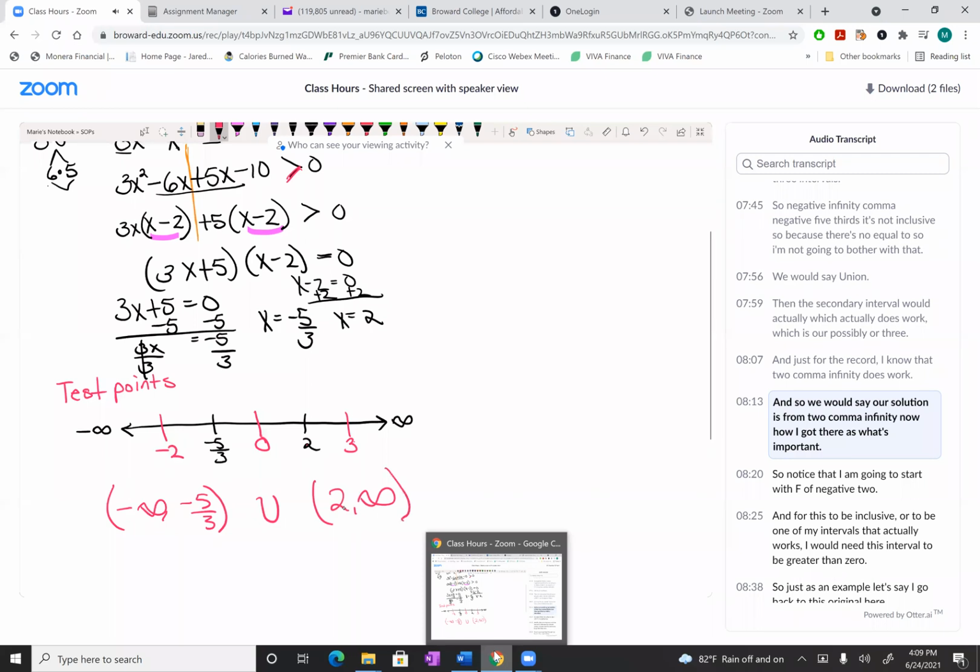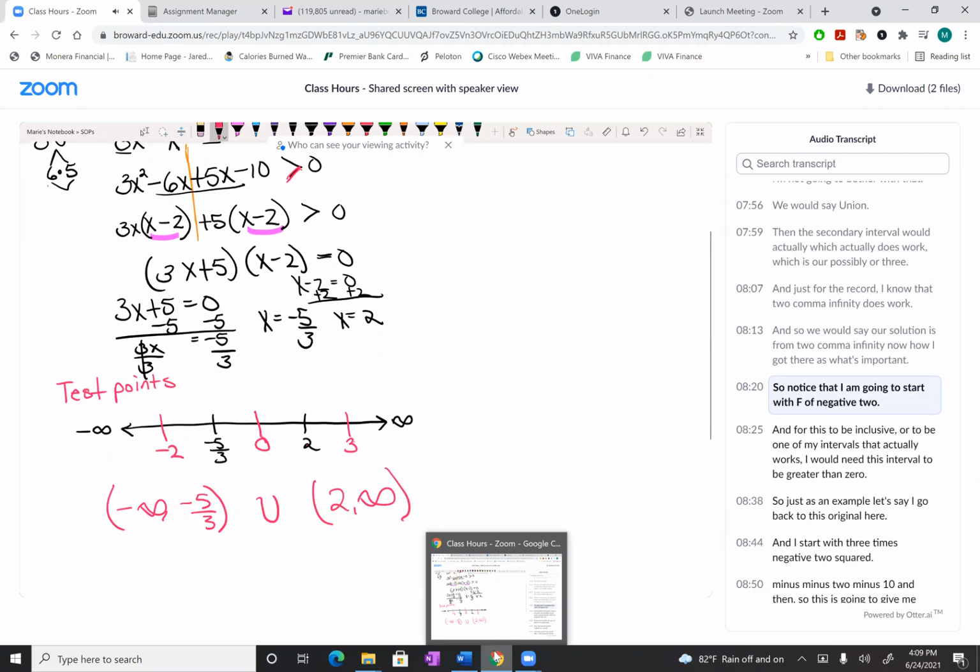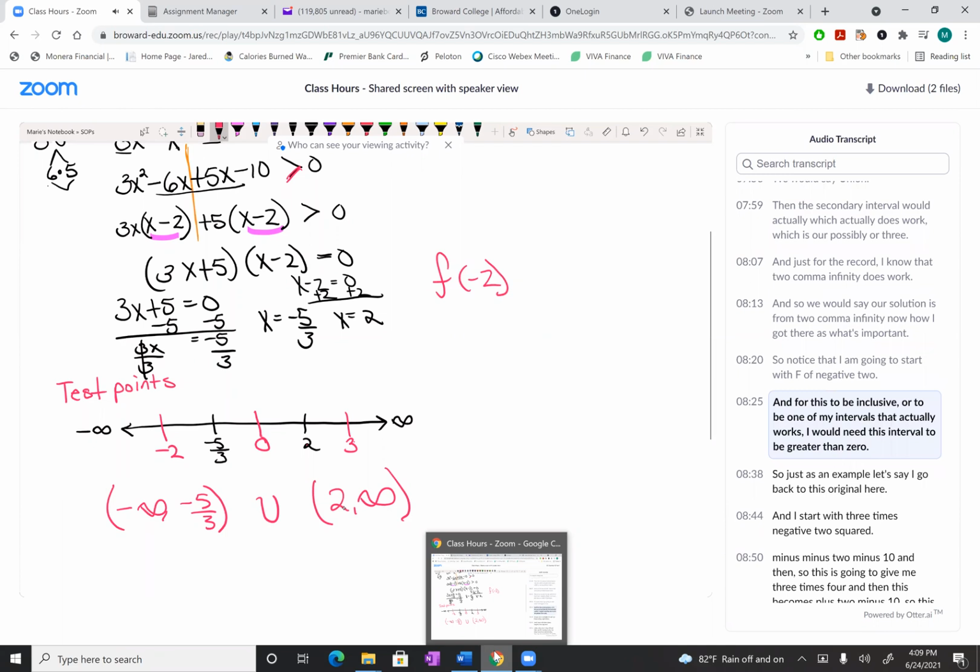Now, how I got there is what's important. Notice that I am going to start with f of negative 2. And for this to be one of my intervals that actually works, I would need this to be greater than 0.